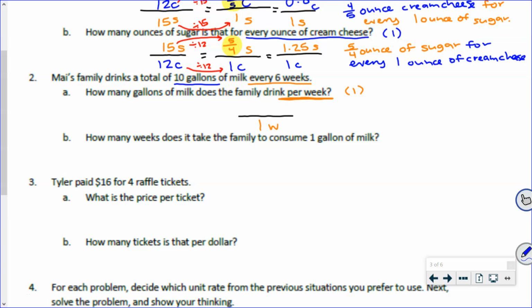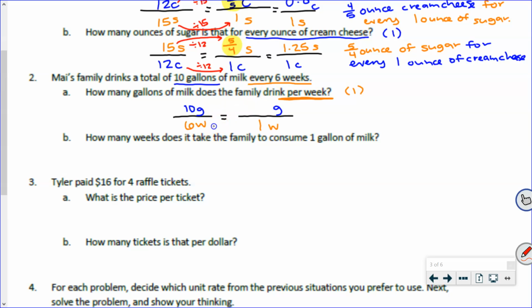And since weeks is going to be in the bottom, that means that obviously gallons, or G, would have to be on the top. Working backwards now, what does that mean for the original ratio? That means gallons is still going to be on the top, and that's going to be 10 gallons. And weeks is going to be on the bottom, that's 6 weeks.